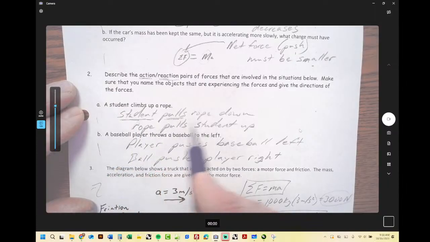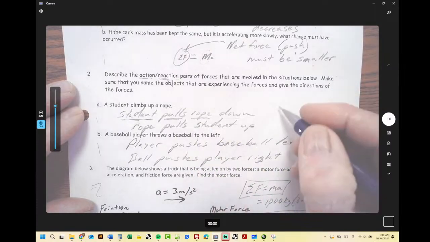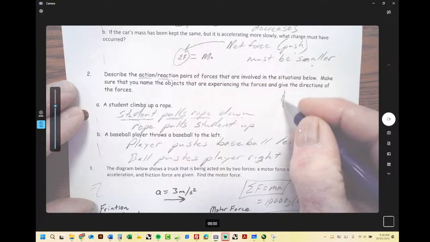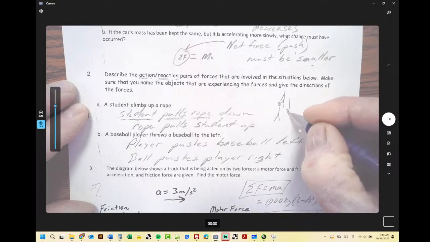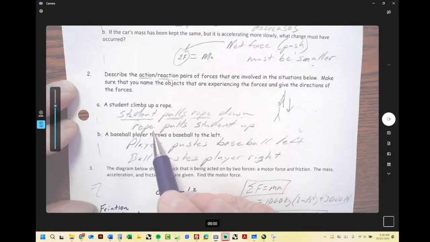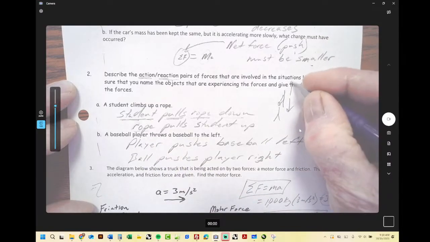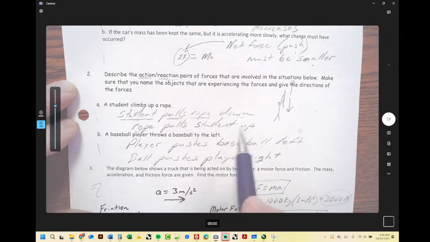It's a pull. And this is the second object, the rope, and this is the direction. If you have a student hanging from the rope trying to climb it, this force would represent the force the student's applying to the rope. And then the equal and opposite force would be the rope pulls the student up. So those are the things I was looking for.